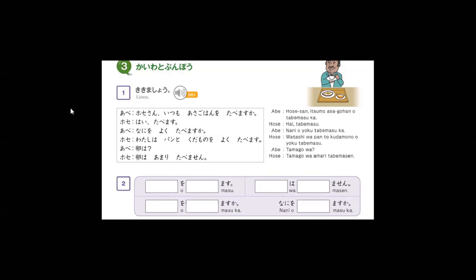Here we can see we use people's name instead of you. Okay. 何をよく食べますか？私はパンと果物をよく食べます。Please pay attention to the pronunciation here. 果物を、果物を。Okay.